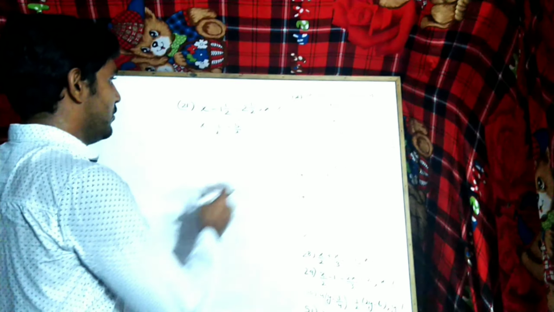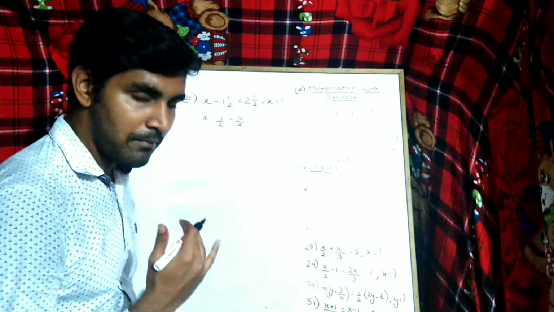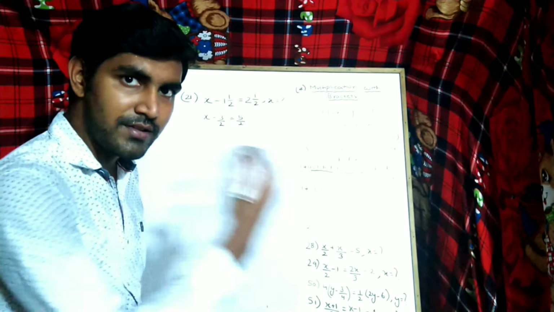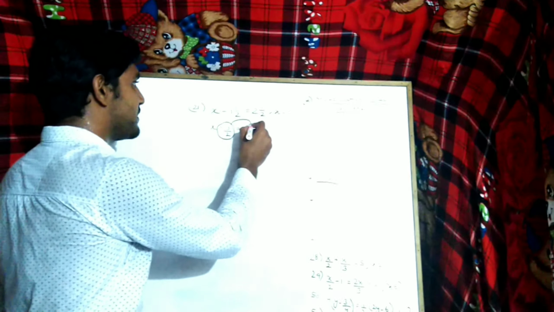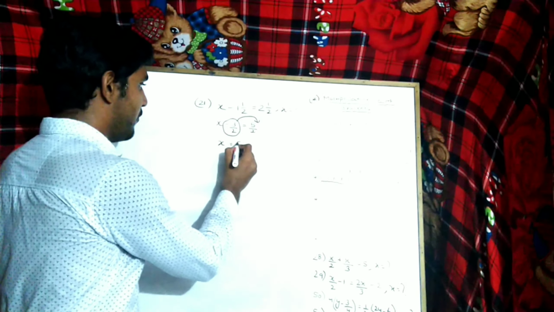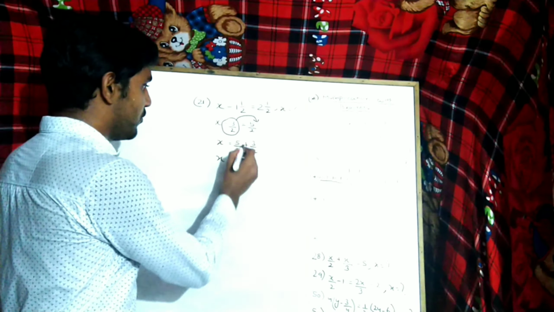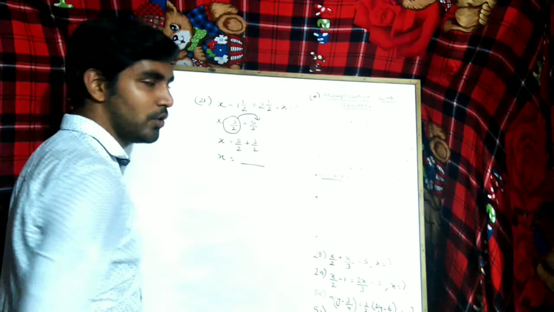Okay. Now I said always numbers on one side and variables on one side. So this minus 3 by 2 goes that side becomes plus. Okay. So x is equal to 5 by 2 plus 3 by 2. Okay. So x is equal to, what is the LCM of 2 and 2? Is 2 only.